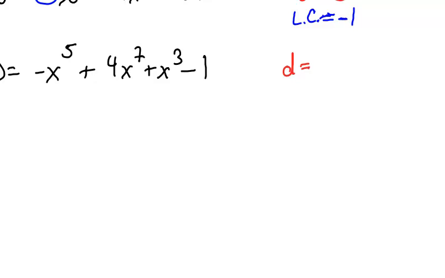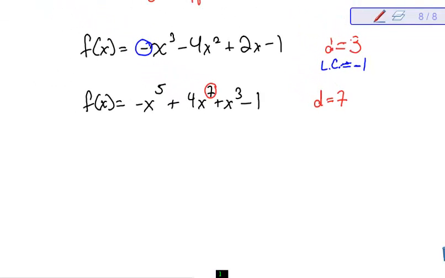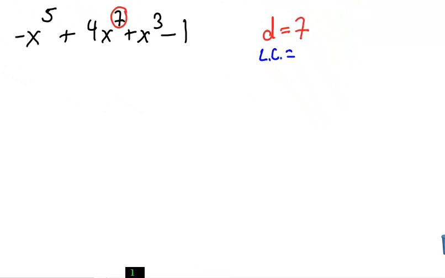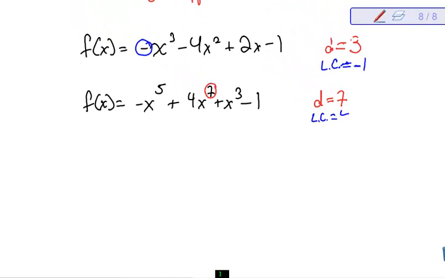My largest exponent is 7, right here. Again, it doesn't have to be the first exponent, it's the largest exponent that we're talking about. Then, my leading coefficient is the number that's attached to the x with the largest exponent, and so that's going to be a positive 4. So we have a positive 4 there as my leading coefficient.